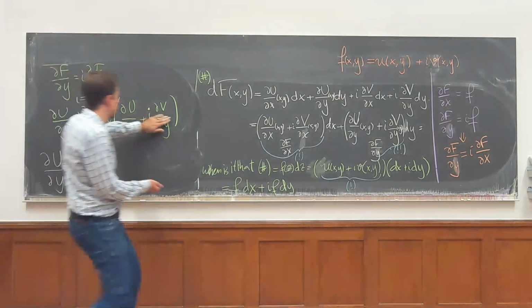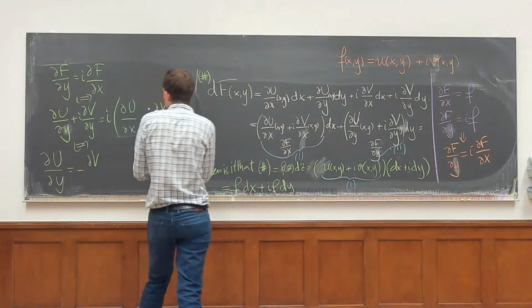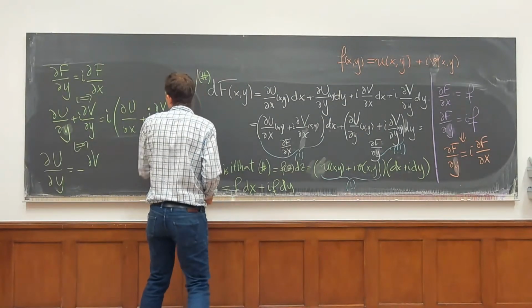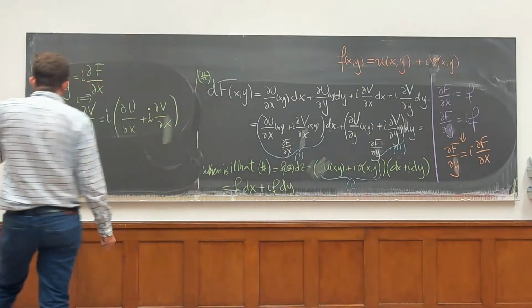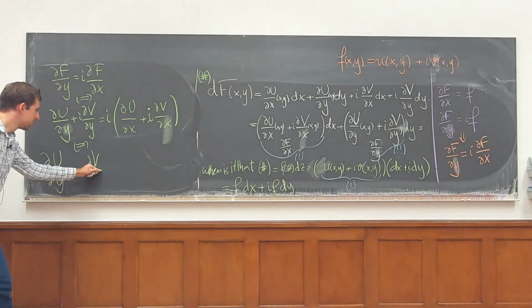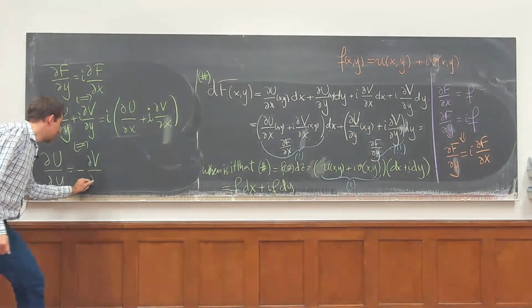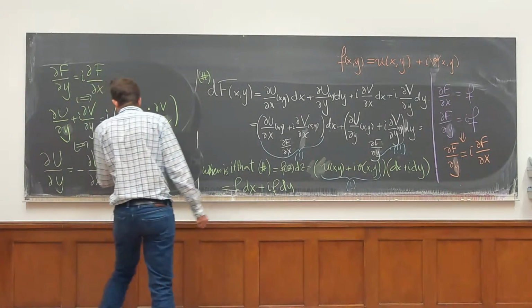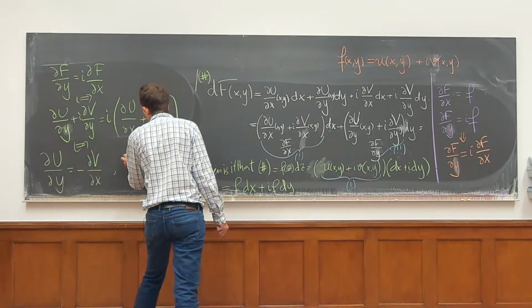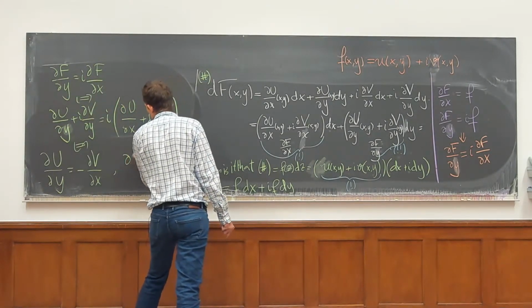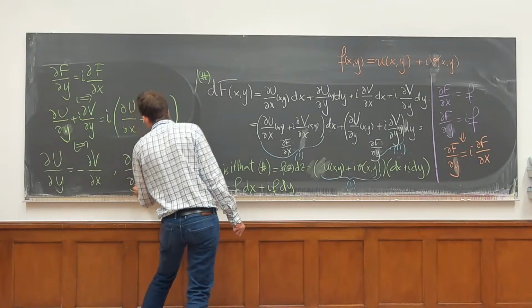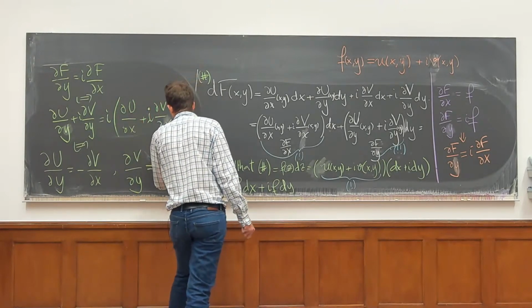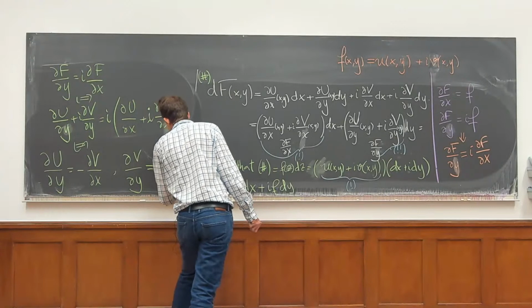This is x. I keep swapping the x's and the y's, sorry. Okay, so the partial of u with respect to y equals minus the partial of v with respect to x, and the partial of v with respect to y equals the partial of u with respect to x.